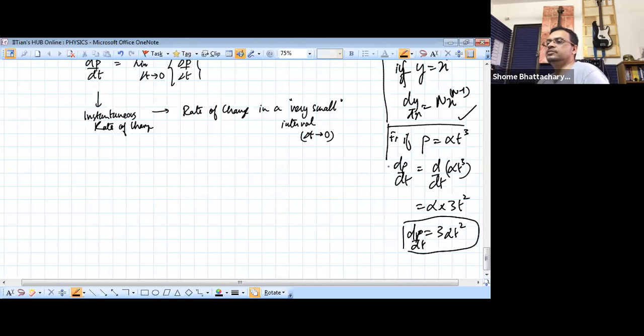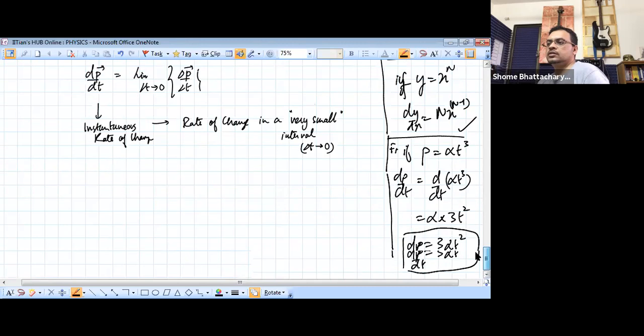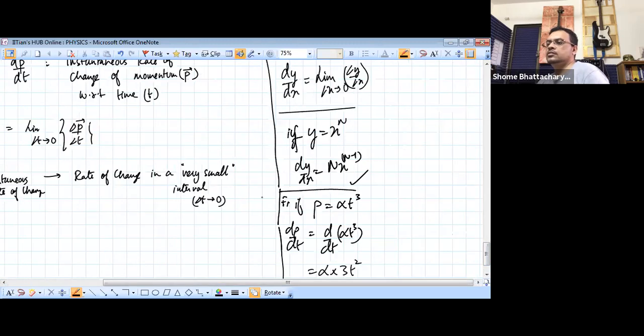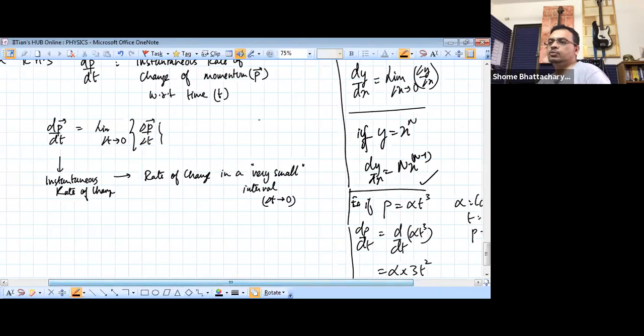It is the same methods of differentiation that you learned in calculus. Only notice that here I have written it as a scalar equation because I am assuming it's one dimensional. But in general, it is a vector equation. So it is the instantaneous rate of change of vector momentum with respect to time.